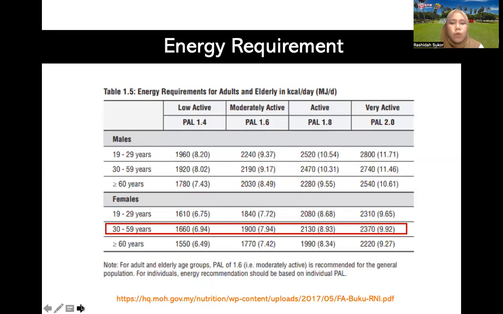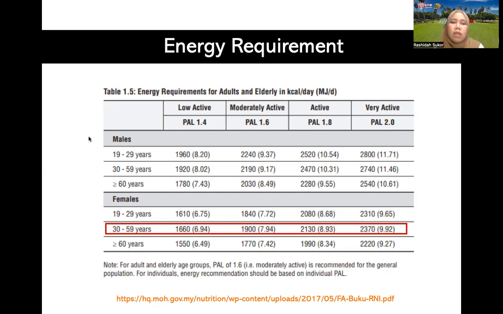When are you going to use it? You can use it here. This is the energy requirement. Now we are talking about energy expenditure, and this one is the energy requirement: if you already spend that much energy, how much energy do you actually need for your body?